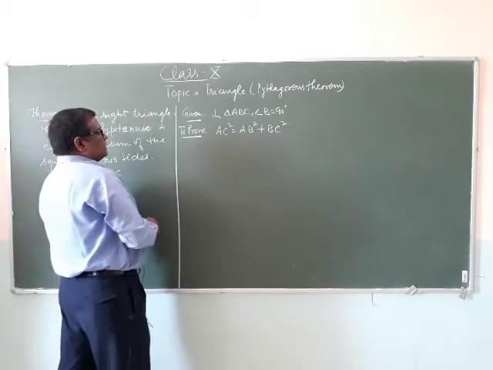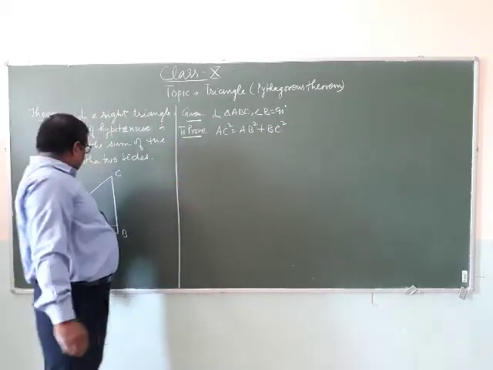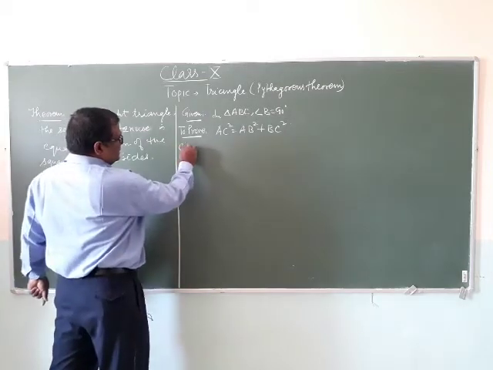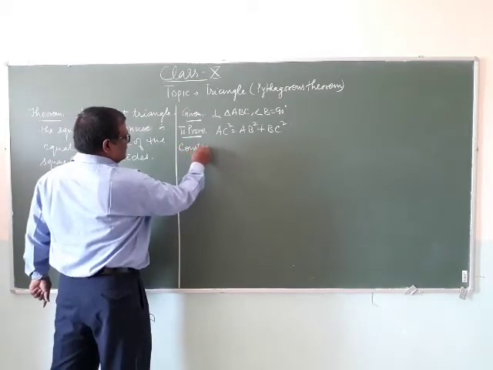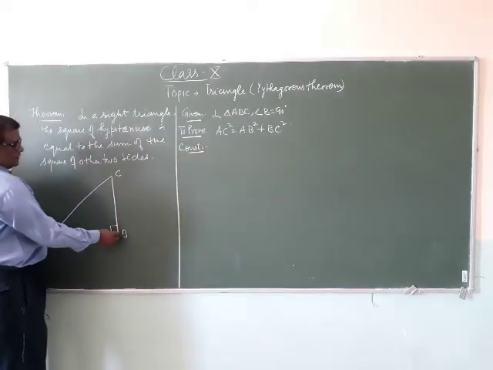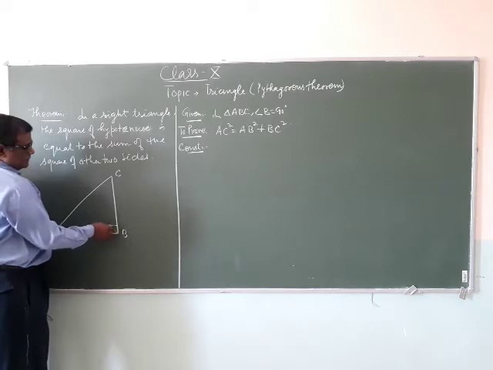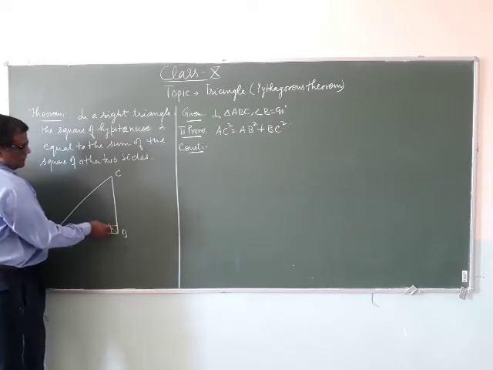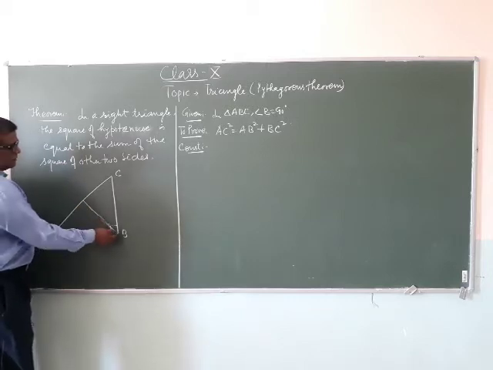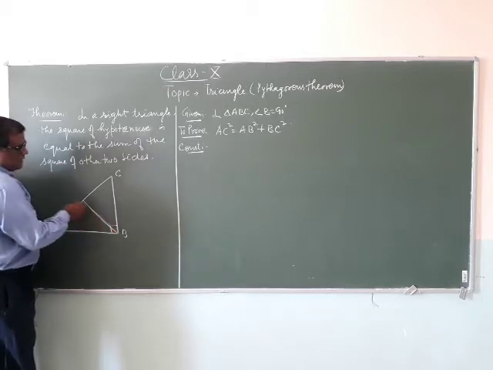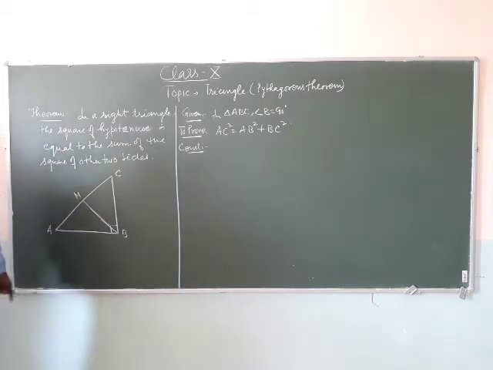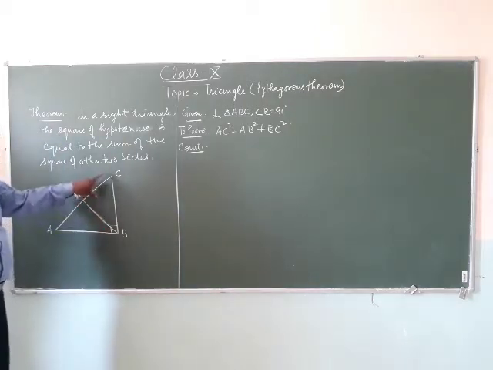Now we first write the construction. From B, draw a line perpendicular on AC.